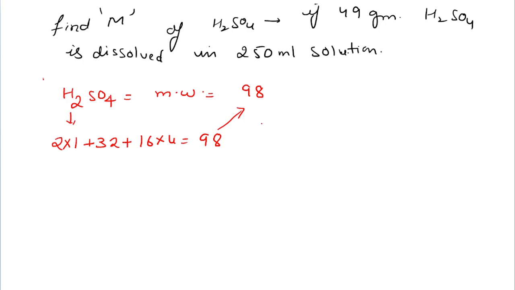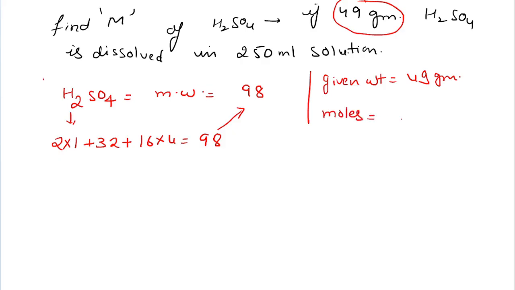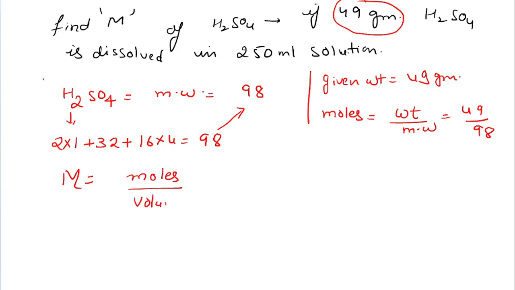Now the given weight is 49 gram. Now come to the moles. How can we determine the moles? Moles equals given weight upon molecular weight, so it's 49 upon 98. Now come to the molarity formula: moles upon volume of solution.